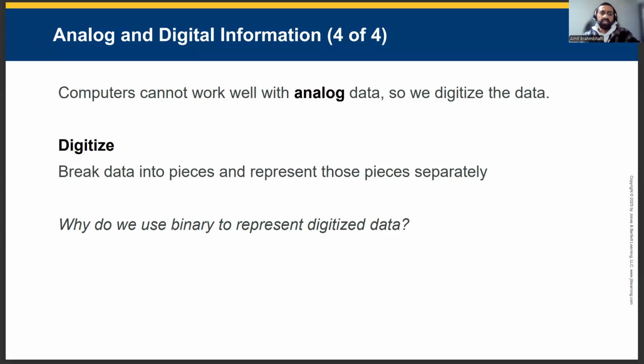The answer lies in reliability. Electronic circuits can easily and consistently distinguish between two states. Binary representation allows digital systems to efficiently store, process, and transmit information while minimizing errors caused by noise or signal degradation.